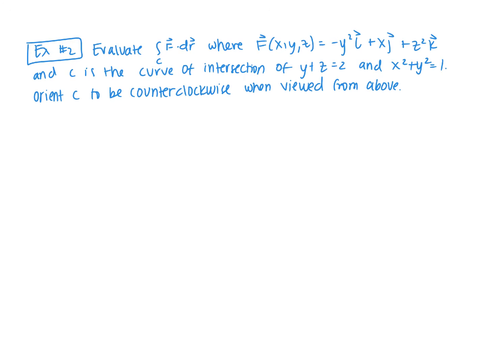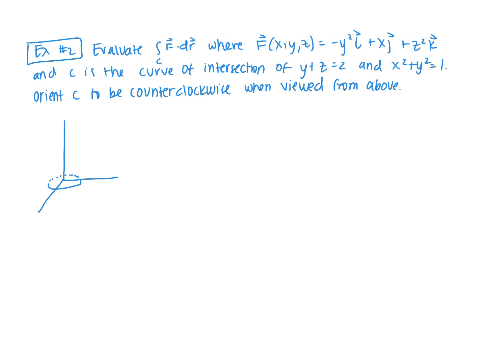Okay, so of course the first thing that we're going to have to do is draw a picture to figure out what this curve is. Okay, x squared plus y squared equals 1. We should be able to tell is going to be a cylinder. And then y plus z equals 2 is a plane.